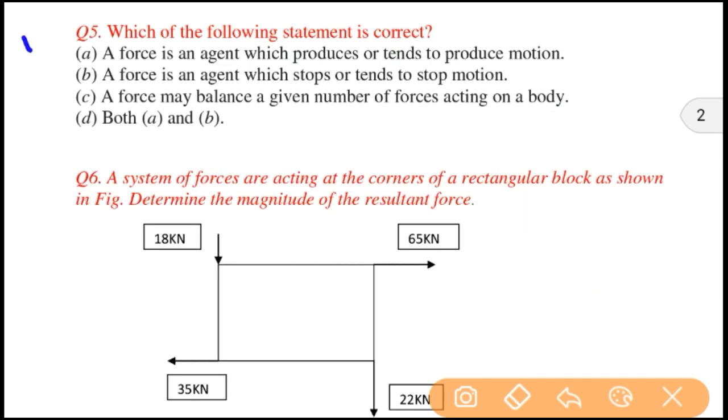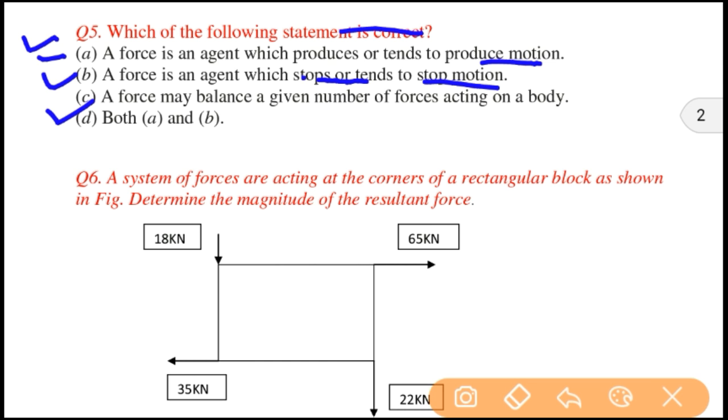In the next question, which of the following statements is correct? The statements are: A, a force is an agent which produces or tends to produce motion. B, a force is an agent which stops or tends to stop motion.